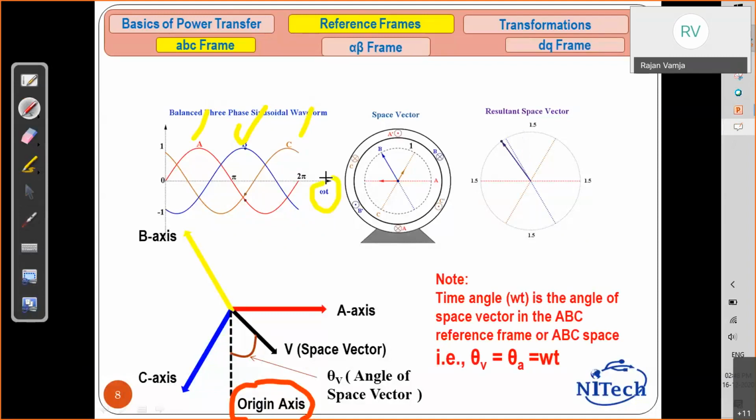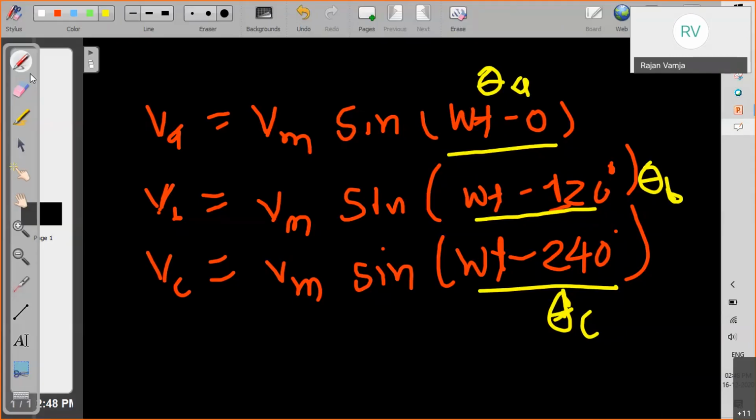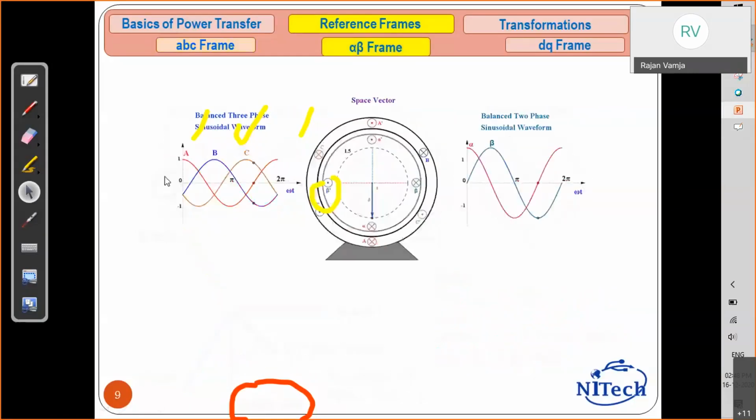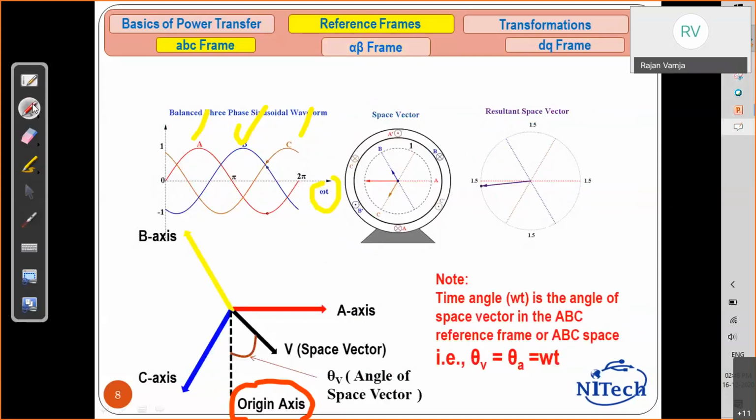When omega t is equal to 0, in this equation we see that theta A will be 0. Theta B will point here, that is minus 120 degrees, and theta C will start from here.